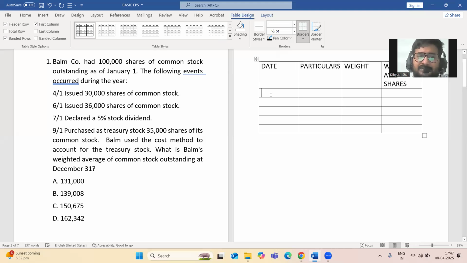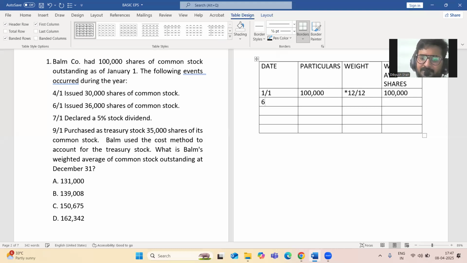So on 1st of January, they had 100,000, that is 1 lakh shares outstanding. Now these shares were outstanding for the entire year, for the entire 12 months. So they should be given a weight of 12 by 12. 1 lakh.